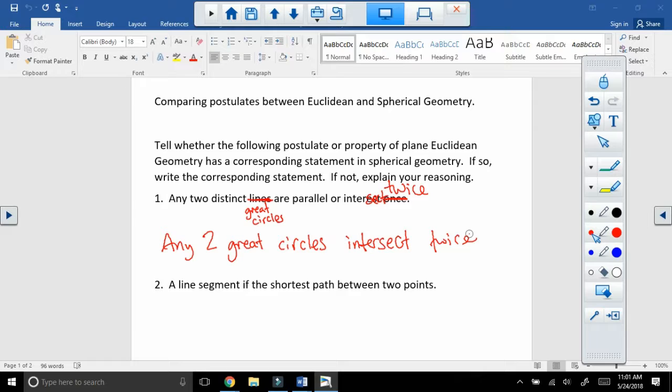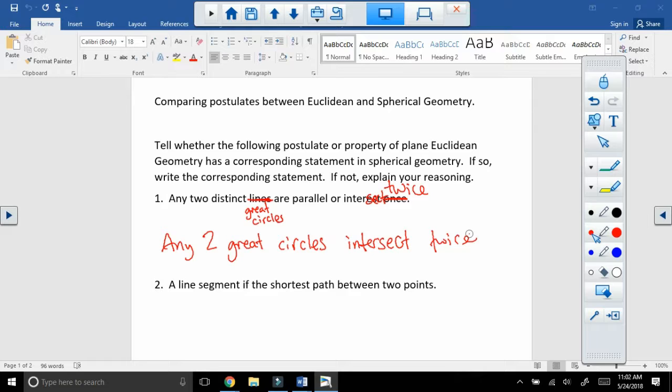The shortest distance, like going through the circle? Potentially. But I think for this right here, what it's meaning is everything's on the sphere, not necessarily through the middle. So I see your point there. Okay?